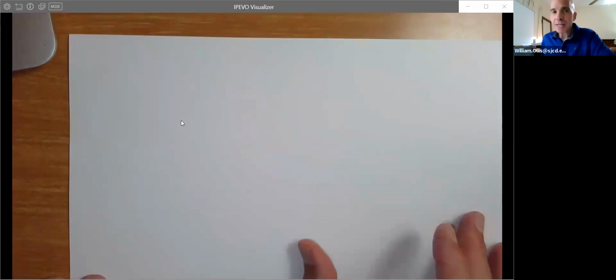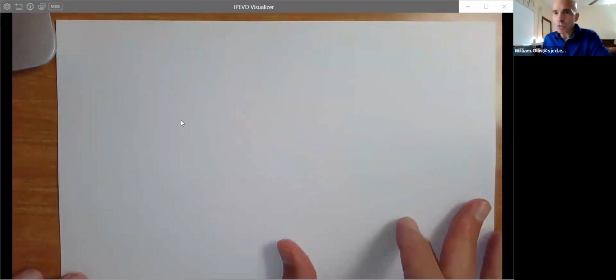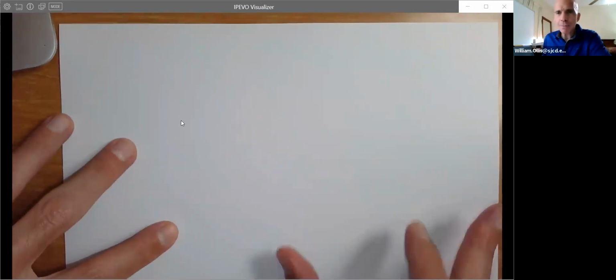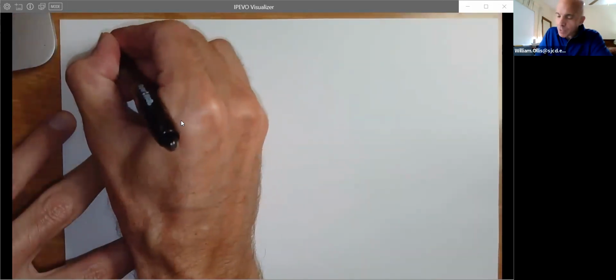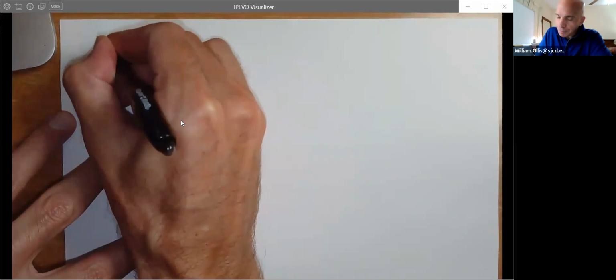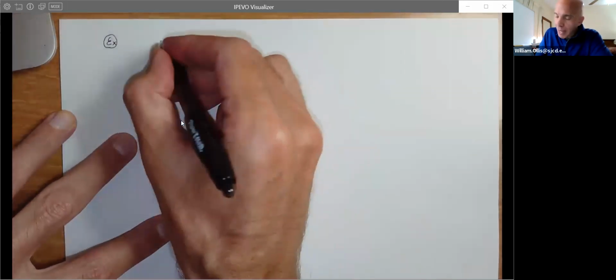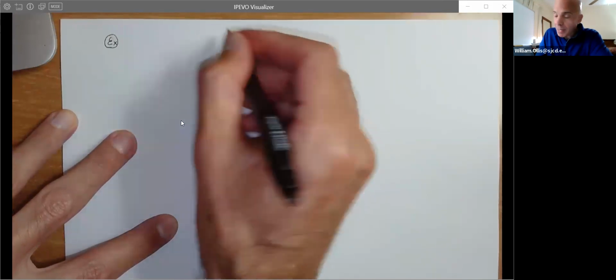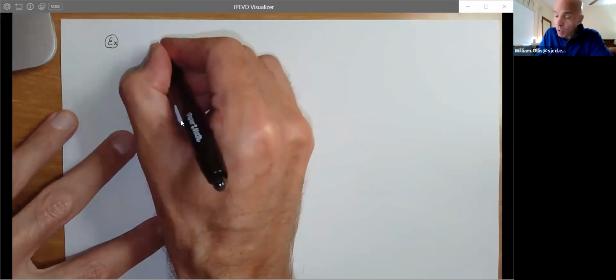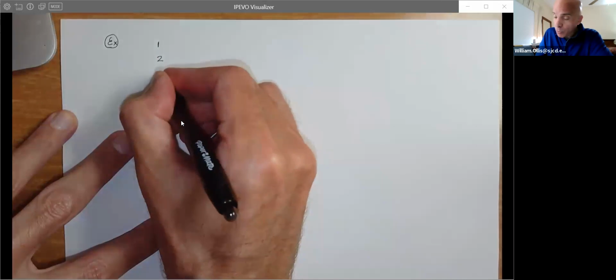So I got some questions from some of you. We can do some easy ones, but for instance, let me just start out with a really simple one. Say we have a discrete set, and I'm going to write down three or four domain elements. I'm going to keep it really simple: 1, 2, 3, and 4.